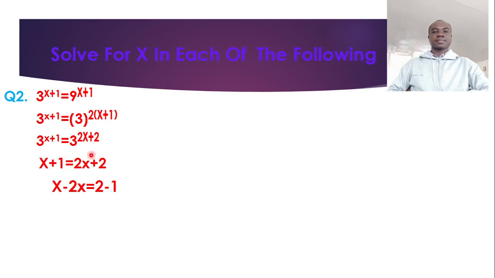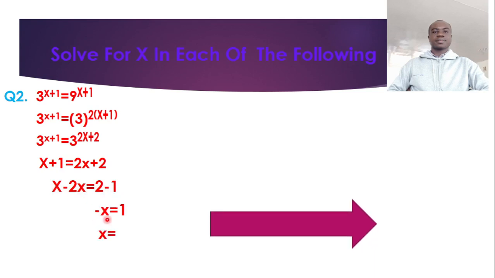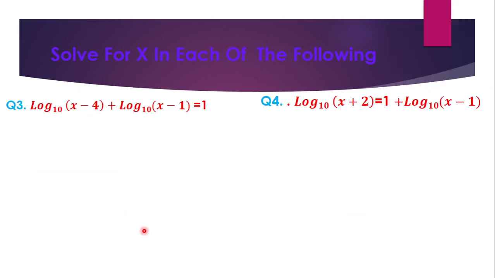So if we add on both sides the additive inverse of positive 1, we have negative 1, which is 2 minus 1, which means if we subtract, we are going to have negative x is equal to 1, which will give us x is equal to negative 1. All right, that's all. We can proceed now and look at some log questions.